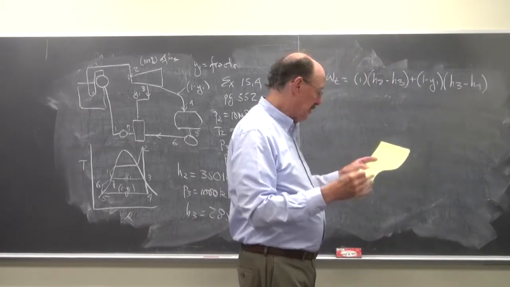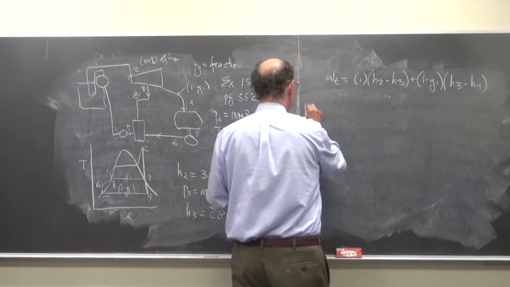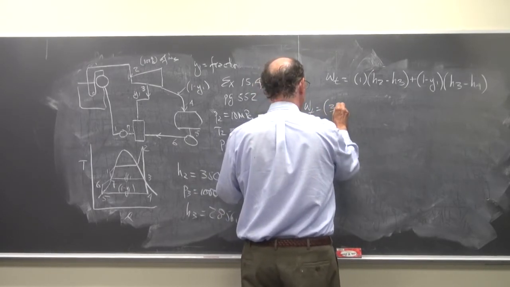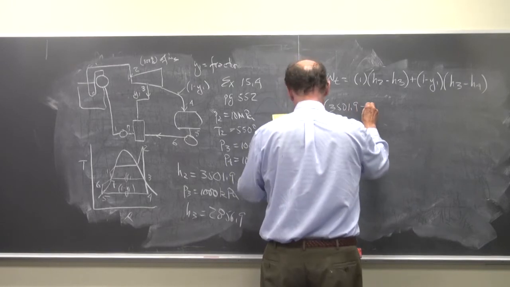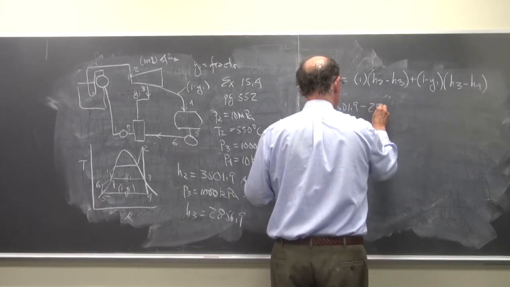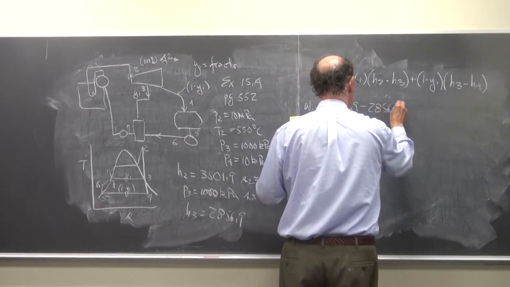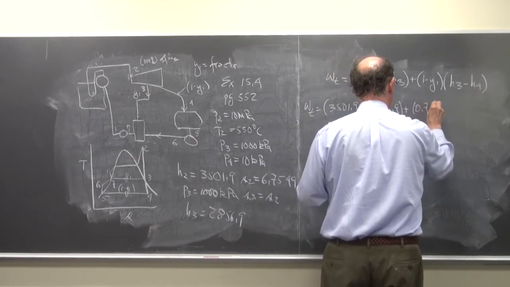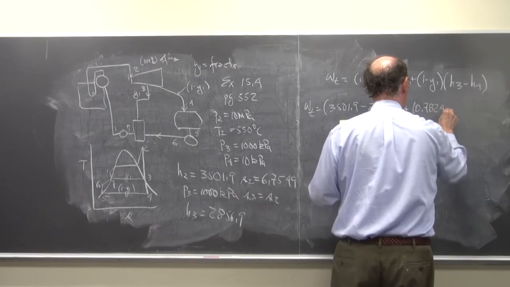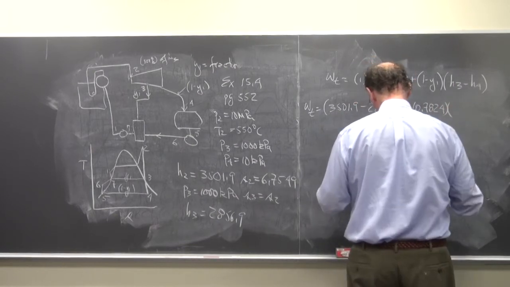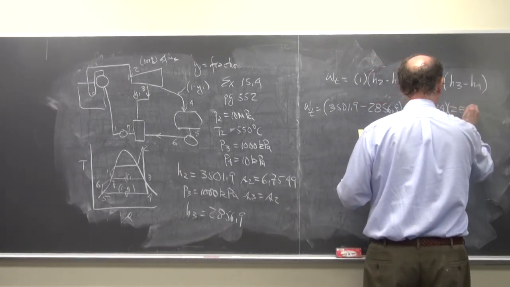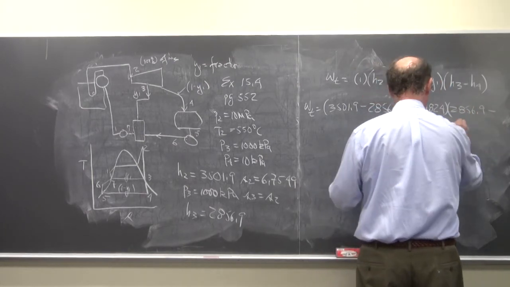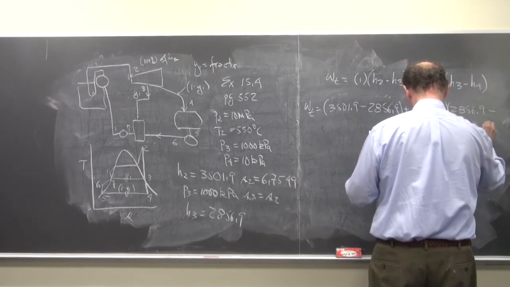So now I substitute in those values. 3501.9 minus 2856.9 plus 0.7824 times 2856.9 minus 2139.9.